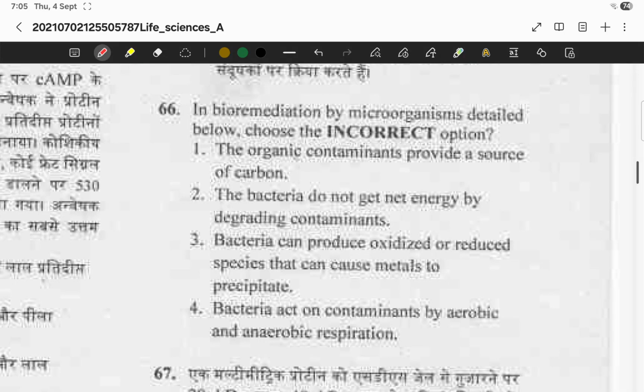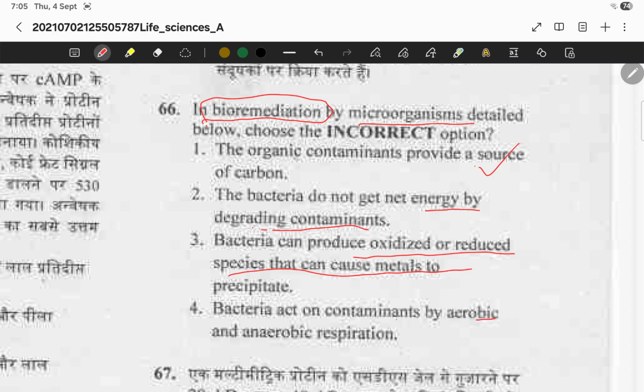In bioremediation by microorganisms, choose the correct statement. I have not read about this for 5 years. The organic contaminants provide a source of carbon dioxide. This is a new word for me. The bacteria do not get energy by degrading contaminants. Bacteria can produce oxidized or reduced species that can cause metals to precipitate.